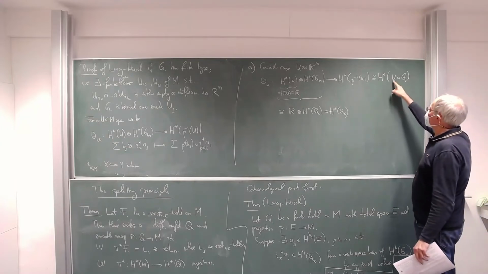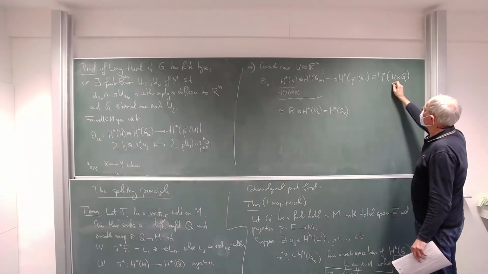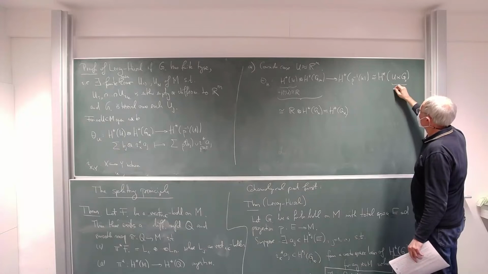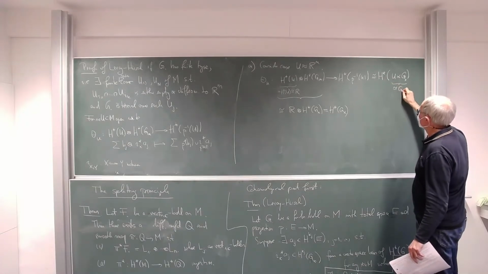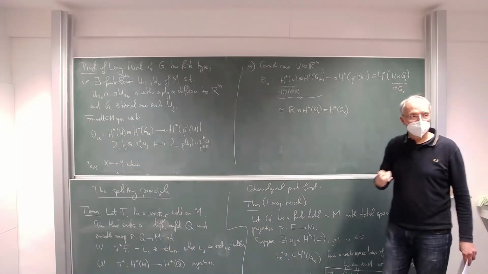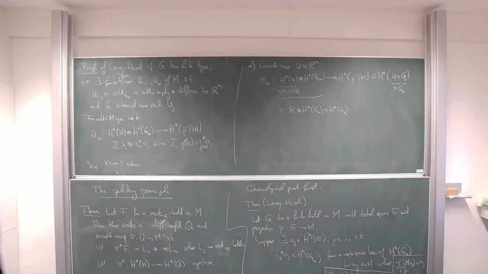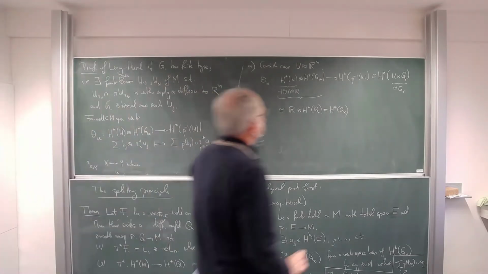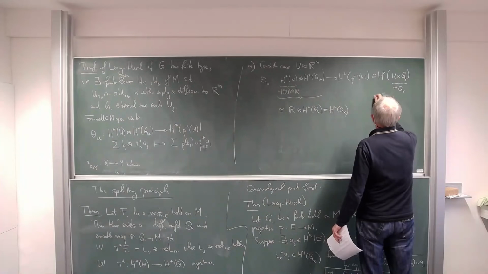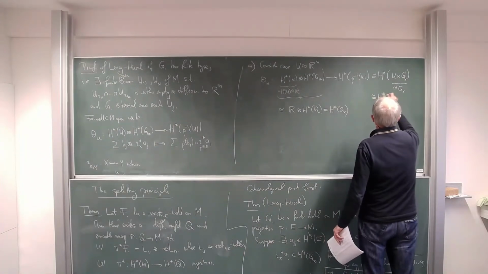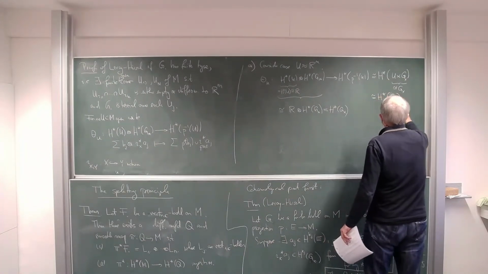But now U is Rn, so this is still homotopy equivalent to Gx because U is homotopy equivalent to a point. So you take the homotopy equivalence from U to a point, cross the identity of Gx. And so this is the same as the homology of Gx.